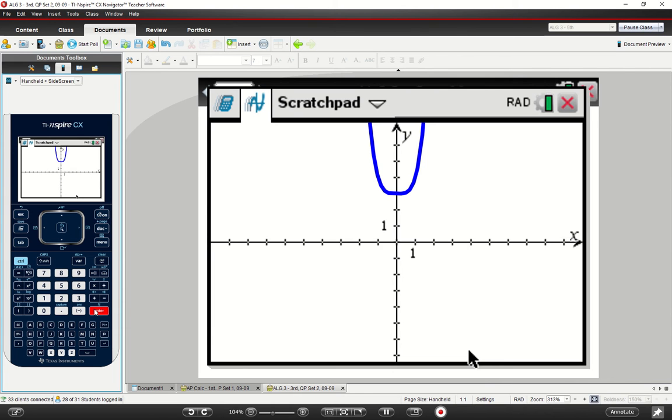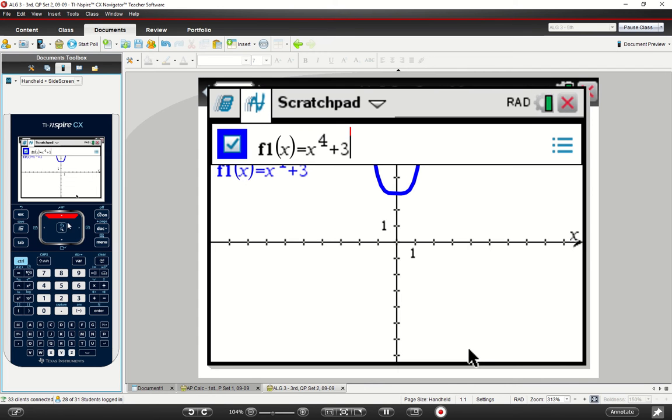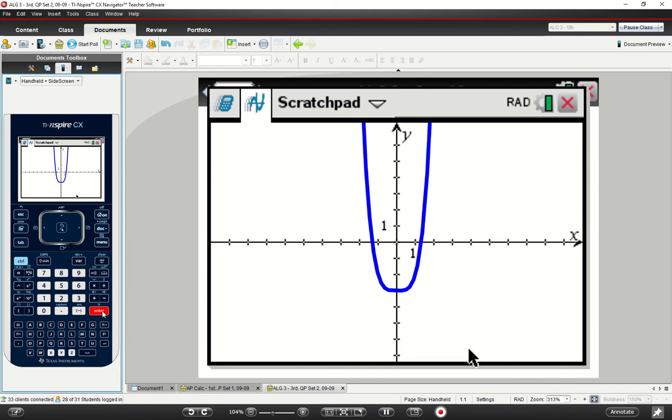Does that blue line cross the x-axis? No. But what if I change that to be a negative? So minus 3. Does that cross the axis now? Yes. And now it crosses. So for this one, I just need it to be a positive number there.